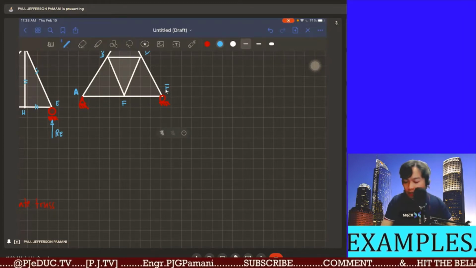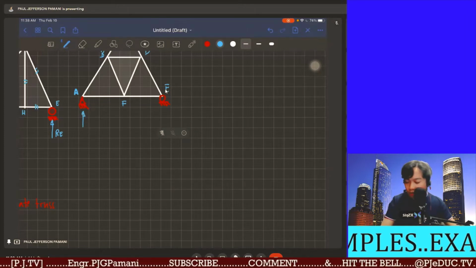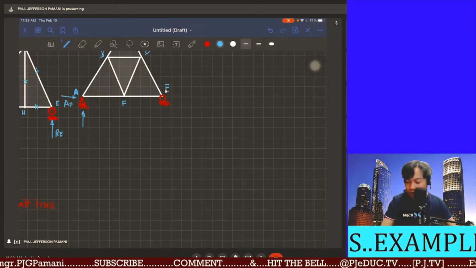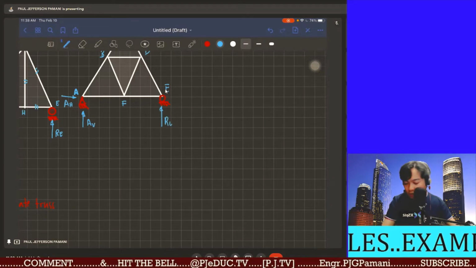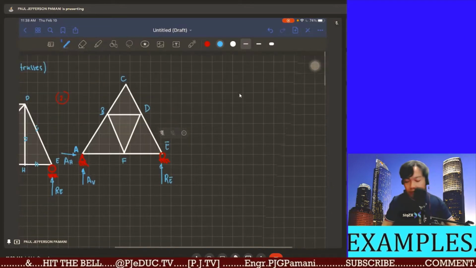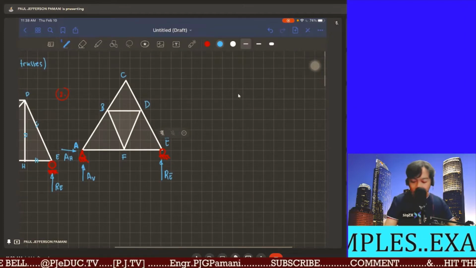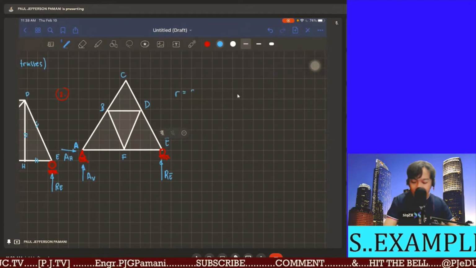How many reactions are there in the hinge support? Again, there are two: horizontal and vertical, and only one for the roller support. So counting the number of reactions, that is 3.